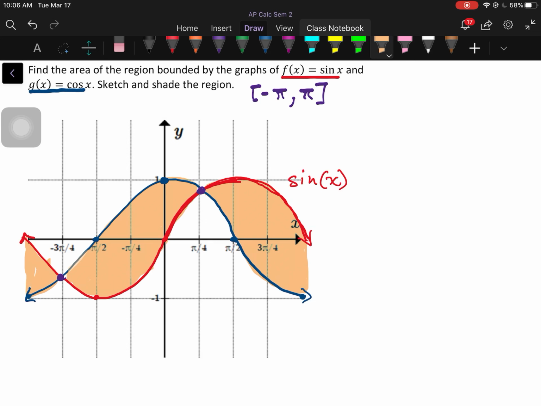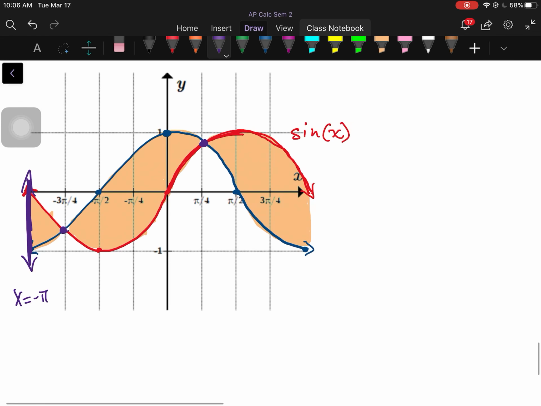Okay, so if I look, again I'm just going to color in because I'm too OCD here. The first intersection point technically is the vertical line x equals negative pi. That's the first integral here. So the first one I'm going to set up would be from negative pi to the intersection point right here, which looks like it happens at negative 3 pi over 4.